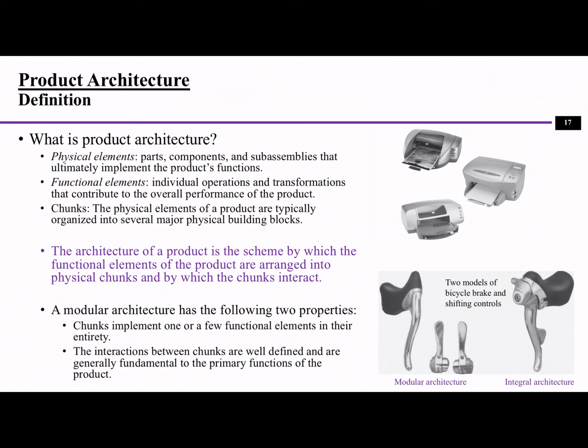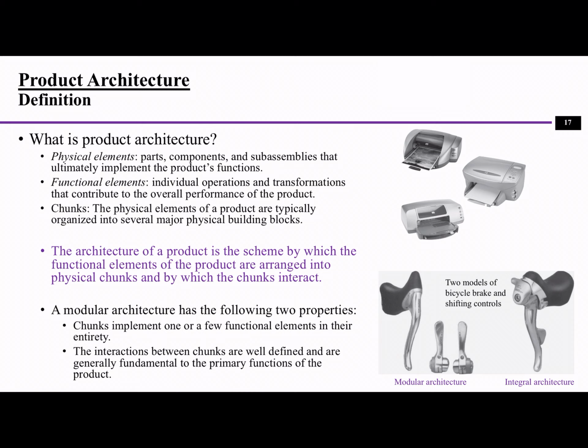Functional elements means individual operational transformations that contribute to the overall performance of the product. So basically, what functions do we need for this product, right? For example, like a printer, right? It should print. It should move the papers. It should be able to do some controls at the control panel.